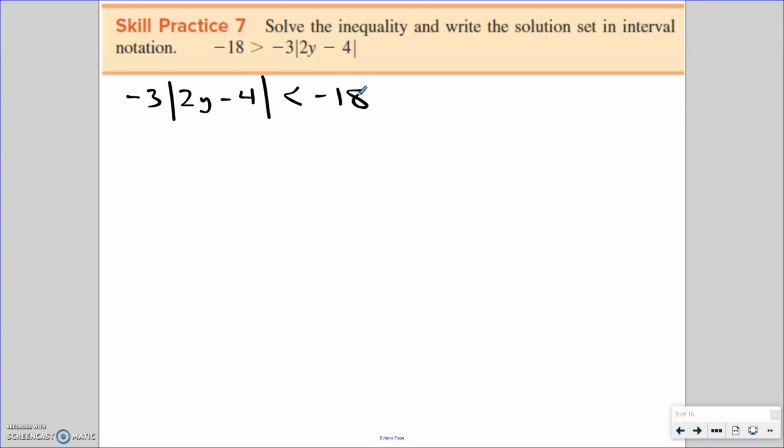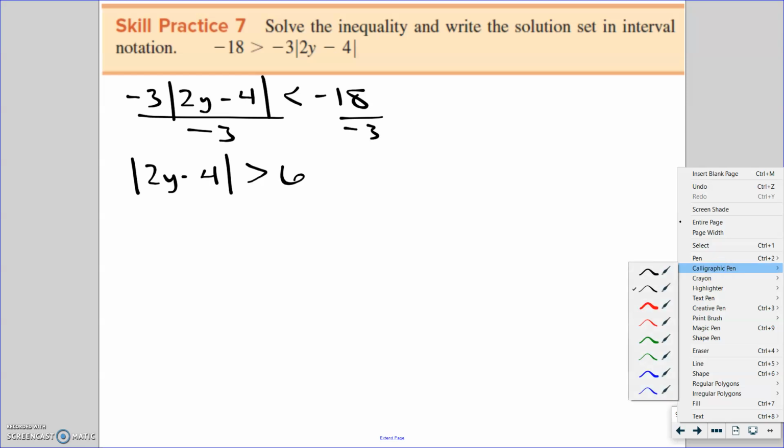That's what that says. I just rewrote it so that my variable is on the left. And now I need to get my absolute value bars alone. So I'm going to divide off the -3. And when I do that, I get the absolute value of 2y minus 4, and now I have to flip my sign because I divided by a negative, is greater than 6.